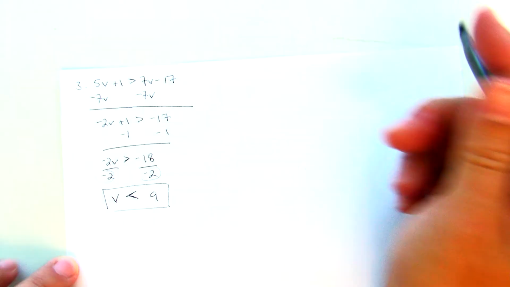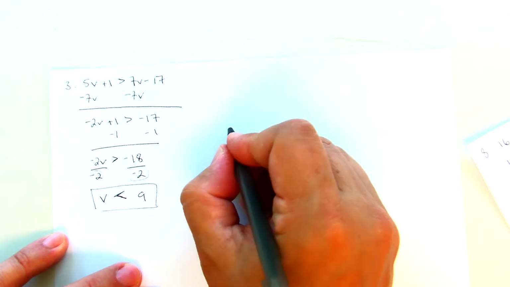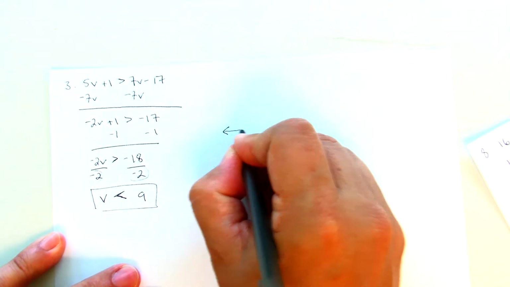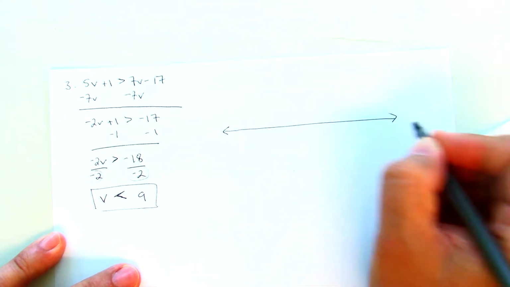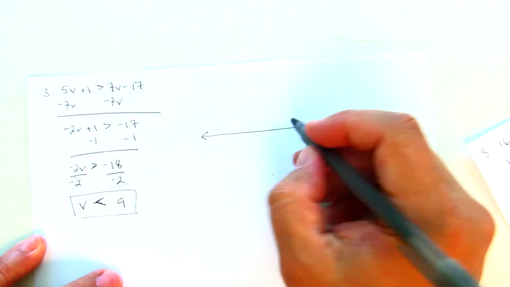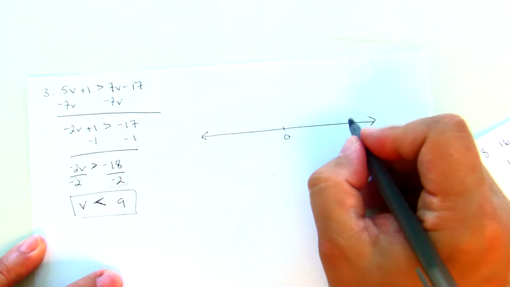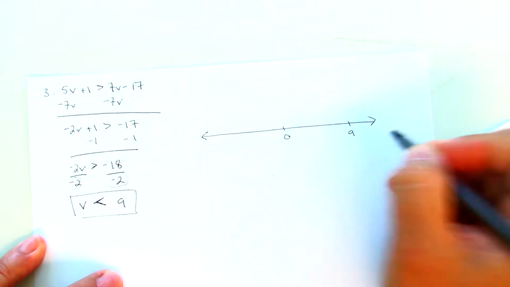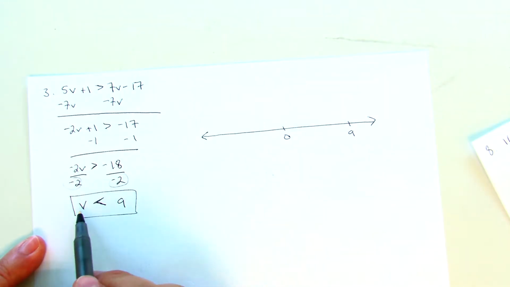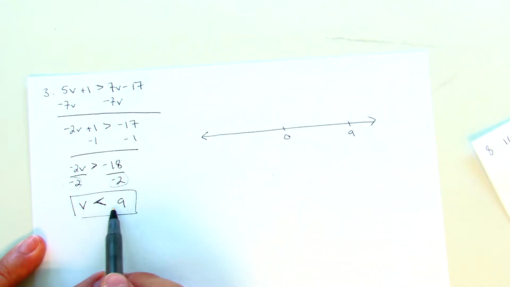Now, there's going to be two different ways that we're going to want to represent this. One is going to be with a number line. So, you'll often have a number line provided for you. So let's just mark, like here's 0, where's 9? 9's over here. Our answers are all the numbers that are less than 9, and not including 9, because there's no equal sign here.